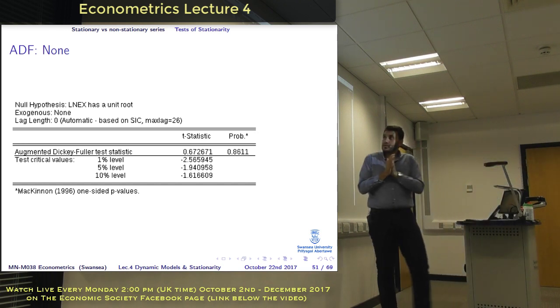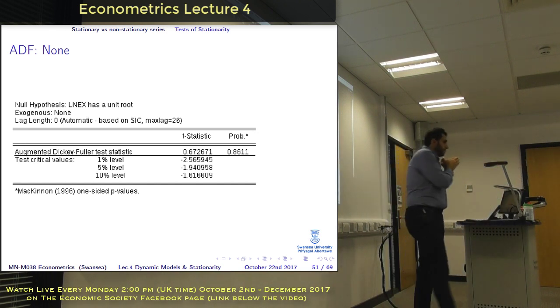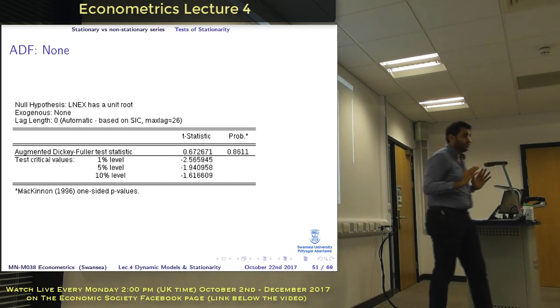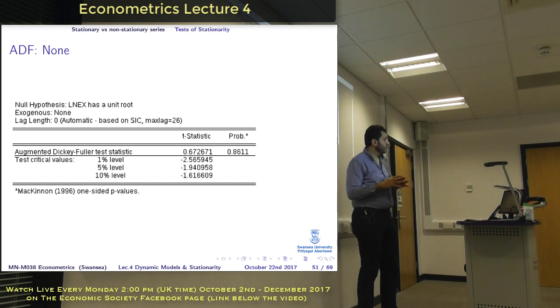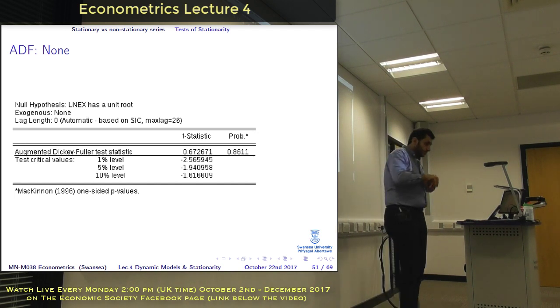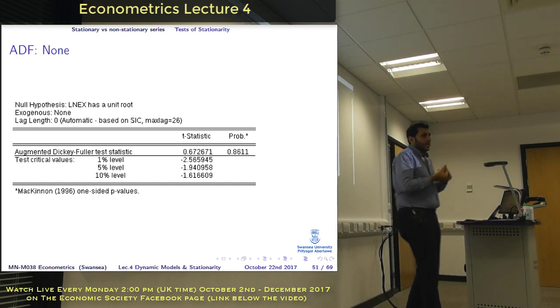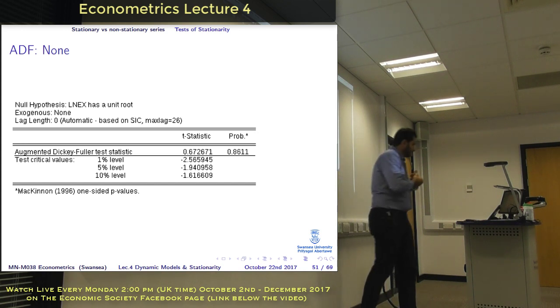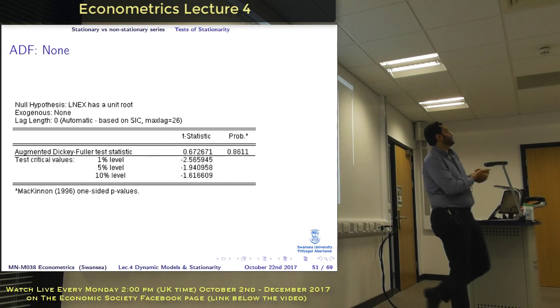And we said that in regression models, we assume that series are stationary, and there's a problem of running regression on non-stationary series, in that you could fall into what we call spurious regression.